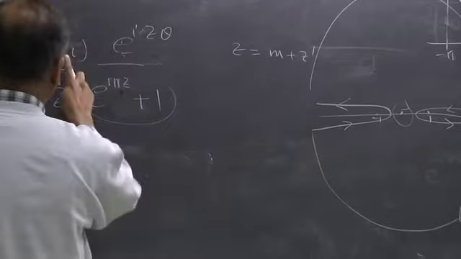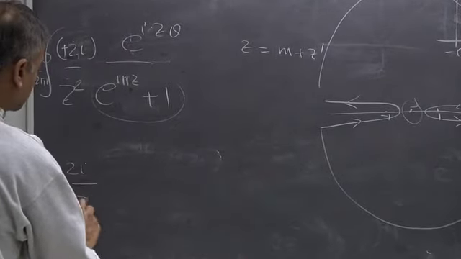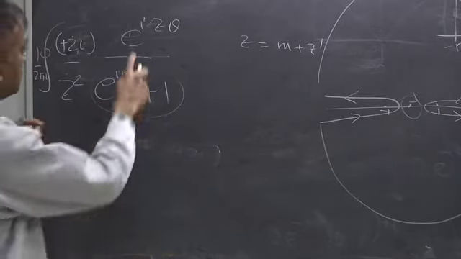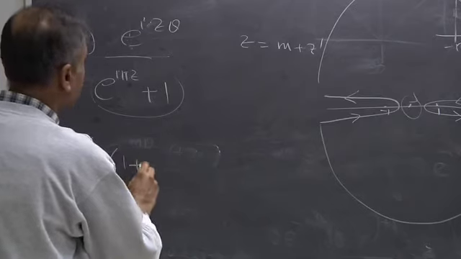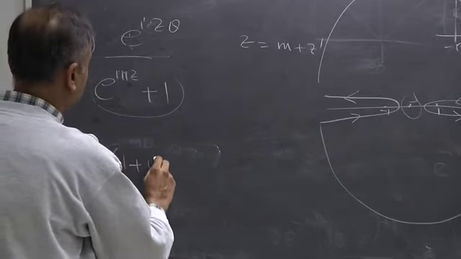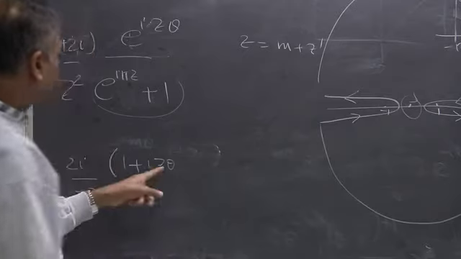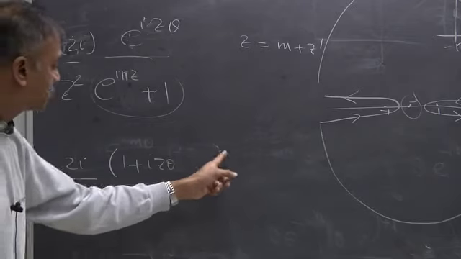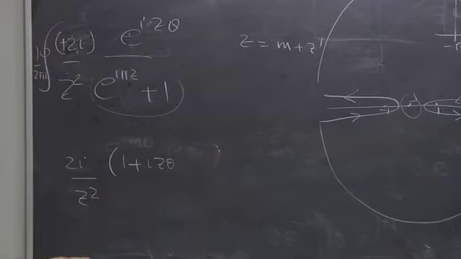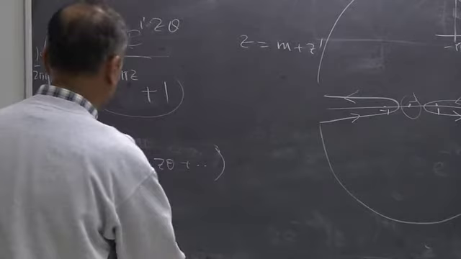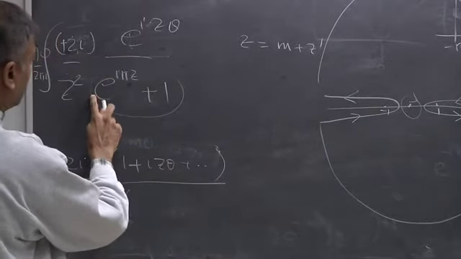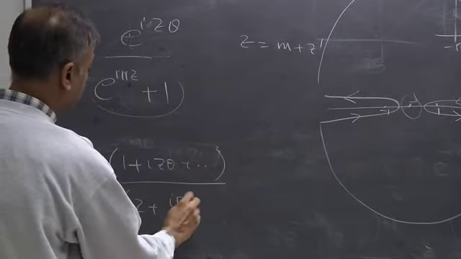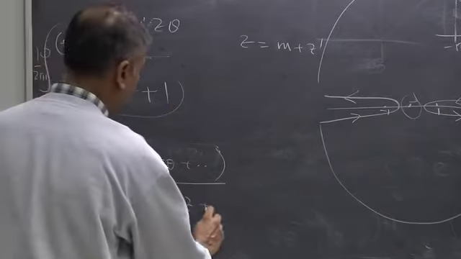So there's a 2i, there's a z square. All I need to do is expand it at z equal to 0. If I look at the top one, it's 1 plus I z theta, and it's enough to expand up to first order because there is 1 over z square. The next order, z square, will just give you a regular term, so we are not interested in that. And here you get 1 plus I pi z, but 1 plus 1 is 2, so 2 plus I pi z, plus higher orders.